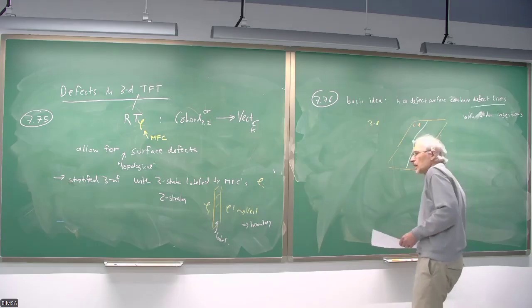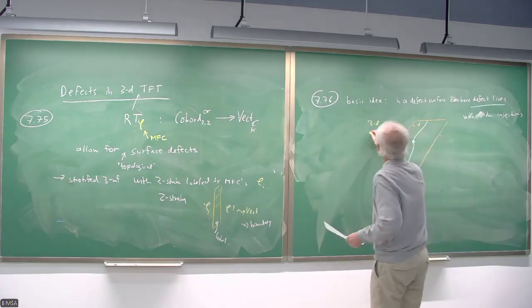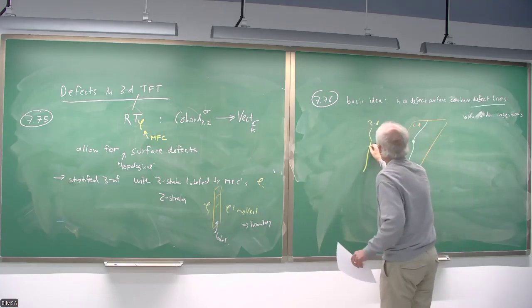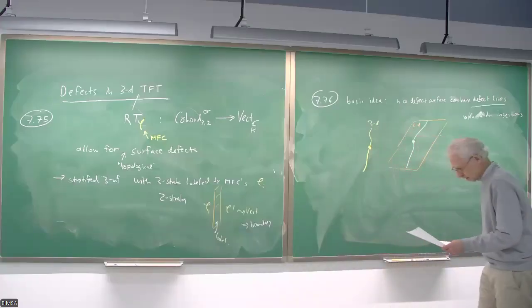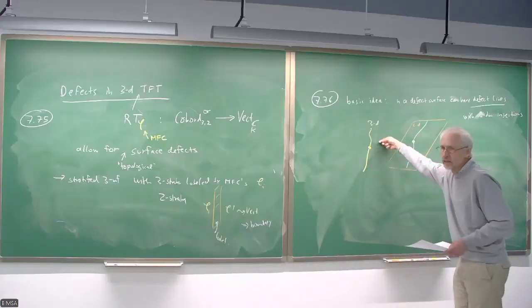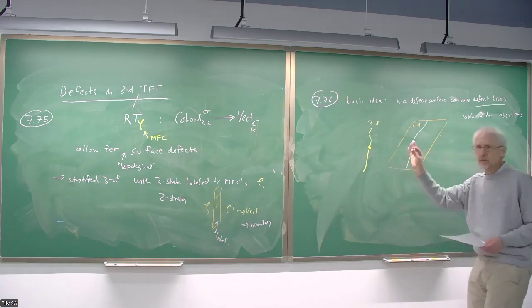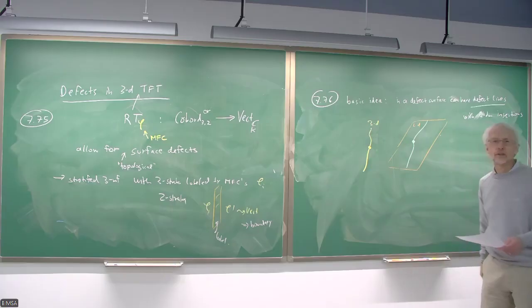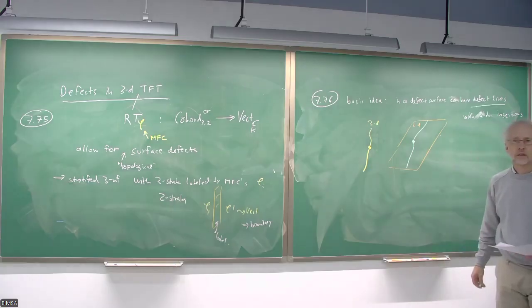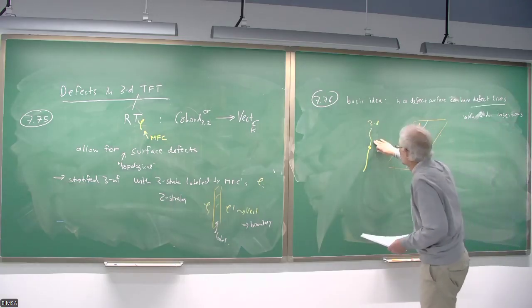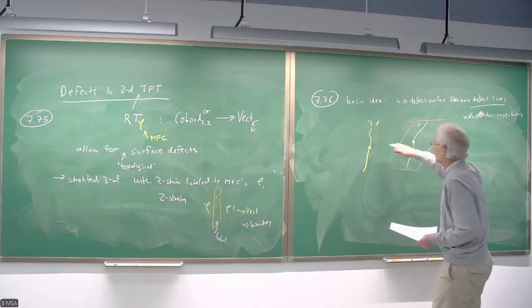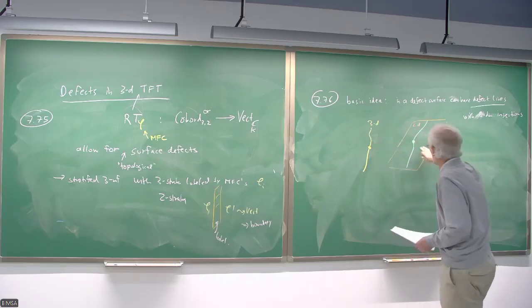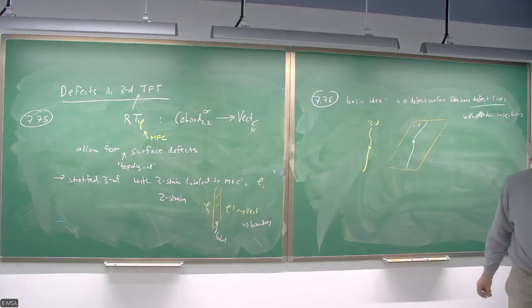Now what we can say is that if we have a defect here in the bulk, in the three-dimensional region, because it's topological, we can move it around, and we can do it in such a way that at some point it hits the boundary. And this way, we get from a ribbon here, or a one-dimensional defect here, a one-dimensional defect here.